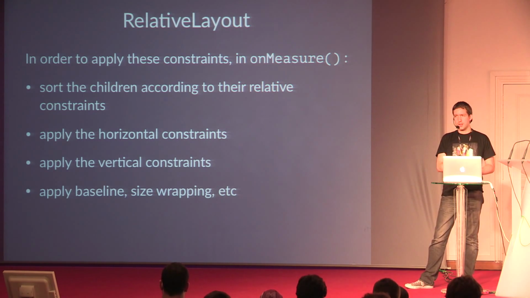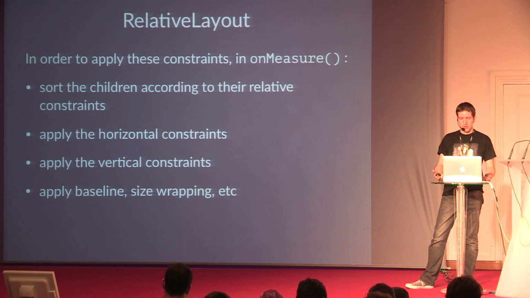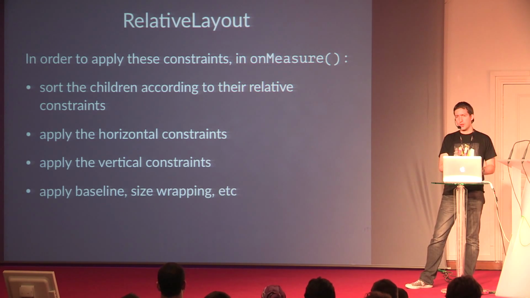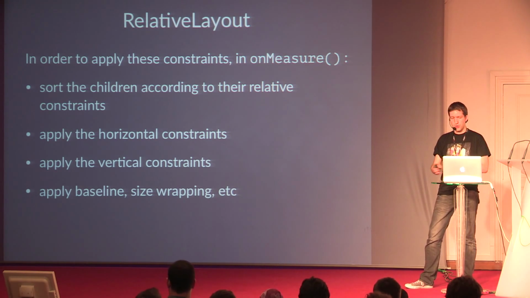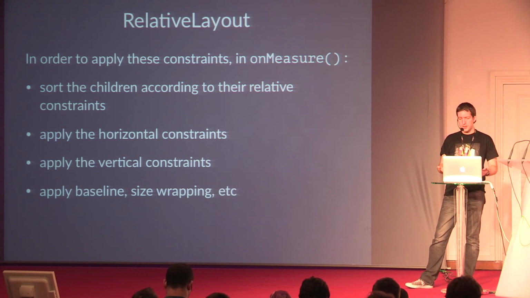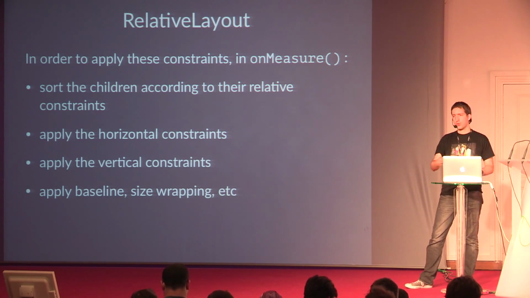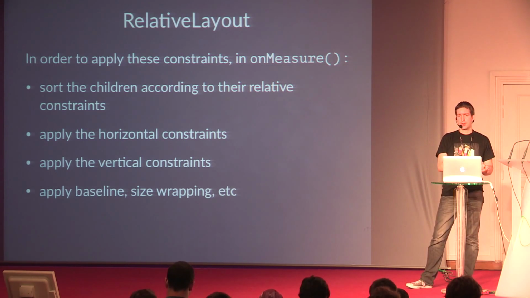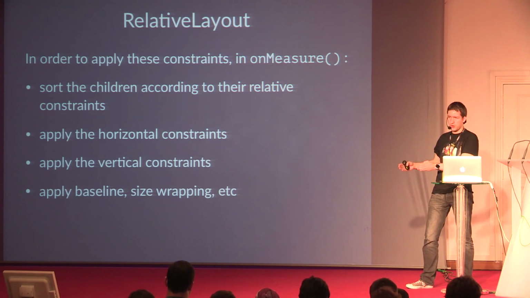To do so, in its measure method, first, RelativeLayout needs to ask each child, what are your constraints, and sort each child in order to determine which one depends on which other. When it is done, RelativeLayout can first apply all the horizontal constraints. So it will place, for example, the leftmost child first, then another one, and so on.